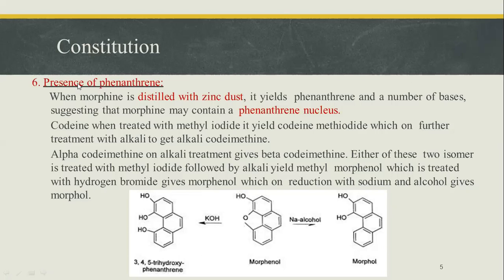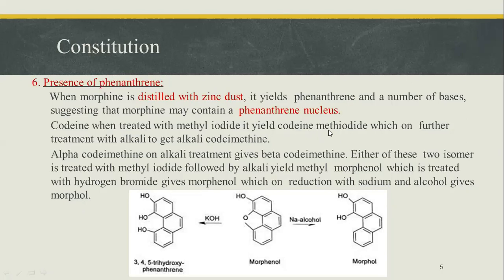So here, as we have to know the nature of the carbon skeleton, we are allowing it to undergo zinc dust distillation. Zinc dust distillation gives phenanthrene as a product, which confirms the presence of the phenanthrene nucleus. Further, we can confirm by treating codeine with methyl iodide.